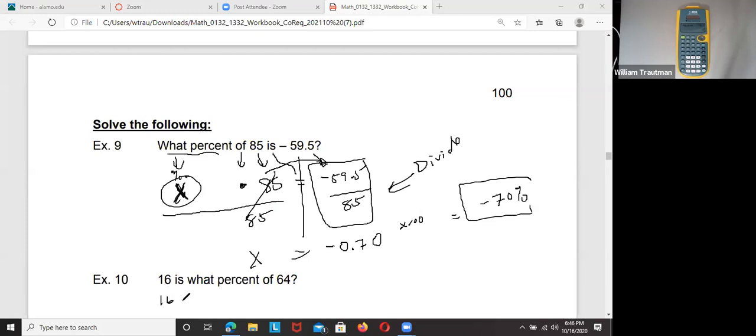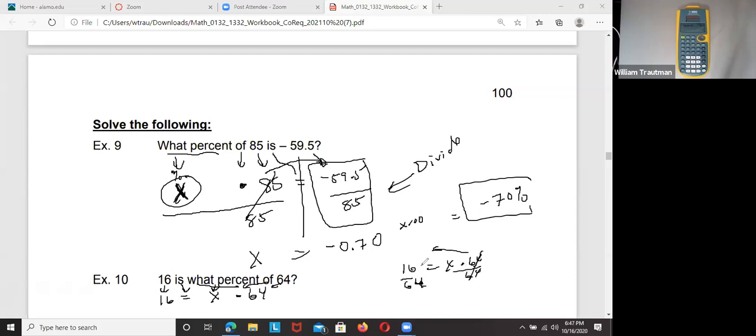16 is what percent of 64? So in this next problem, 16 equals x times 64. Do you see 16? Then the word "is," what percent, so x is a percent number, "of" means multiply 64. Take the 64 to the other side. It's multiplying, so we're going to divide by 64.